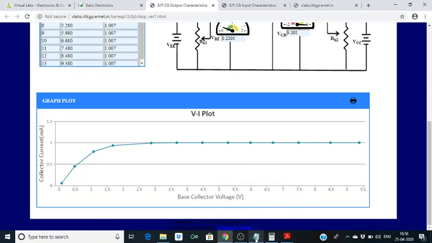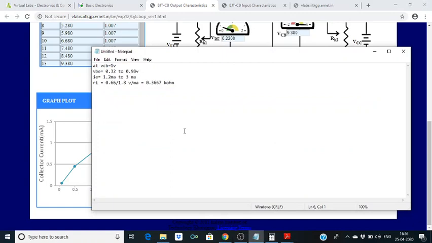Now to calculate Ro, we are considering IE equal to 1 milliampere, and for this VCB is changing.